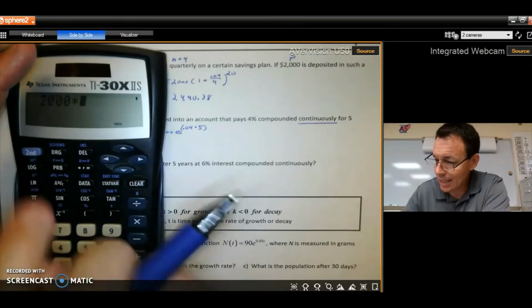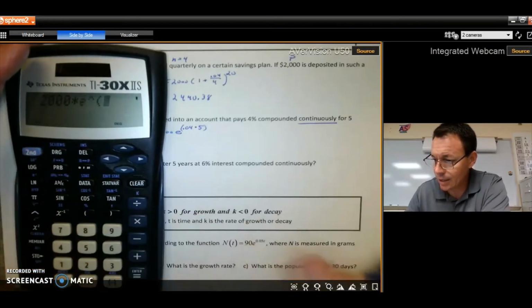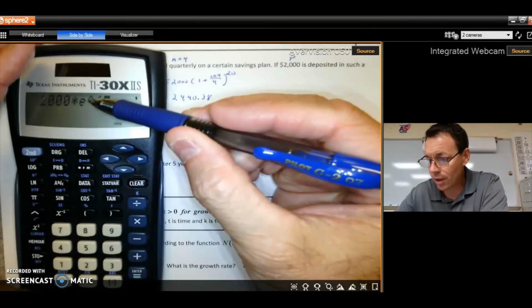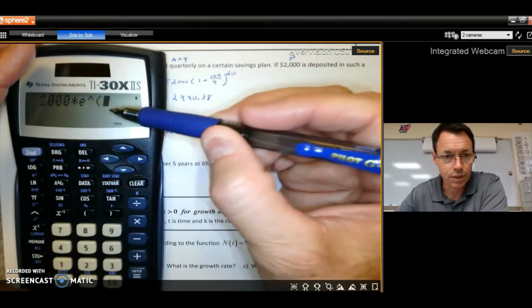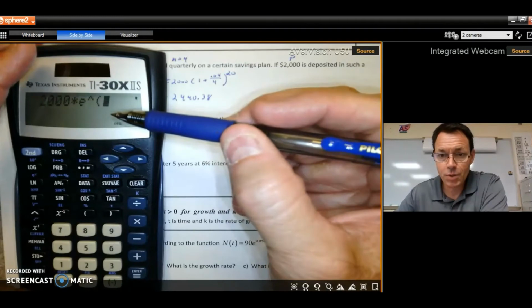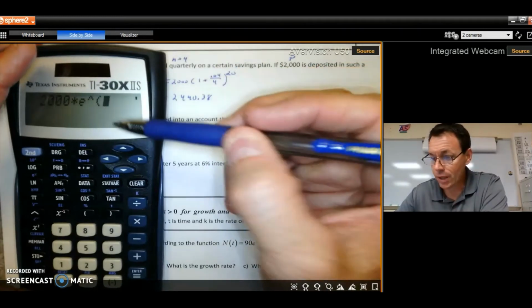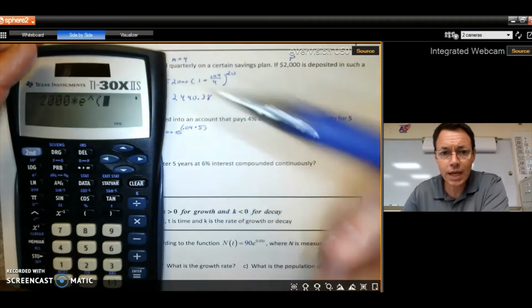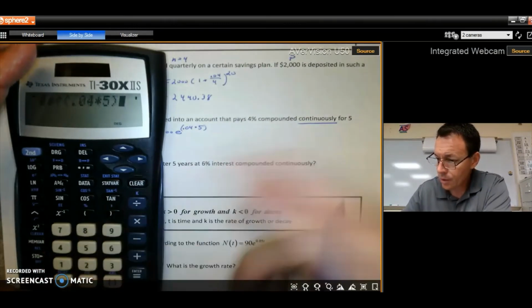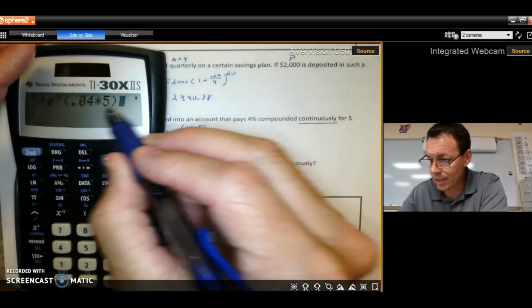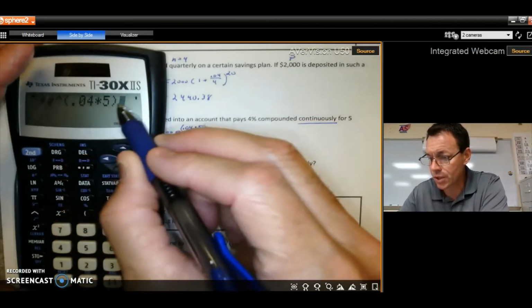Okay, and that's the E, so I'm going to hit second E, and then notice my calculator automatically is asking me what exponent you want to take this to. Every time you have E, it's going to be E to some power, and your calculator knows that. So now I can put in the 0.04 times 5, close parentheses. This is all connected inside of parentheses, so the calculator is going to do this first.